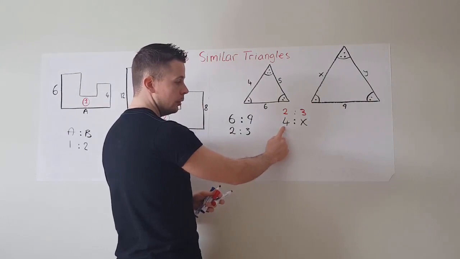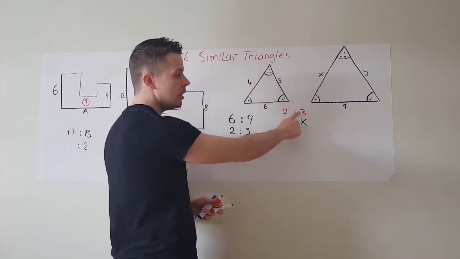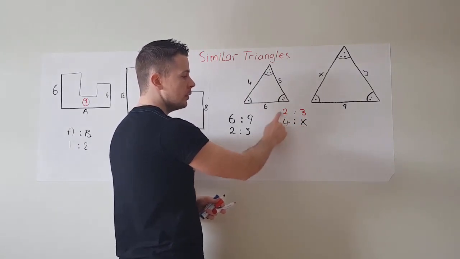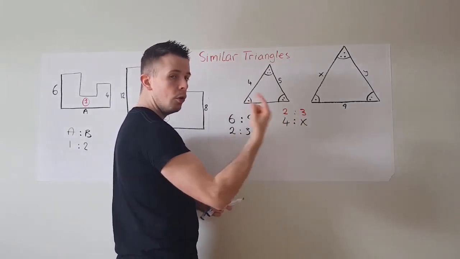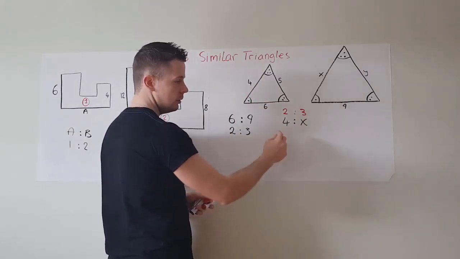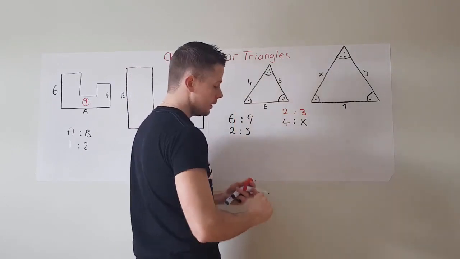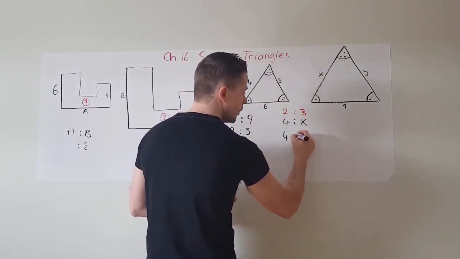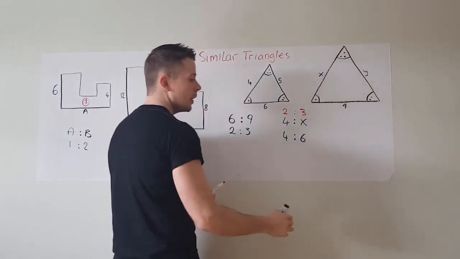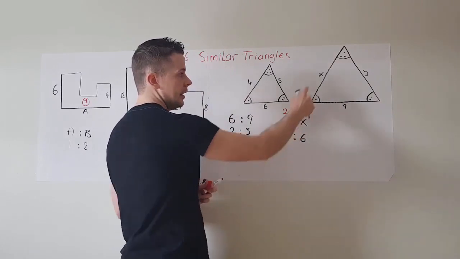So if 4 is equal to my 2 parts, what would be equal to 3 parts? Well, 2 goes into 4 twice, so 1 part is 2 units long. 3 parts, 3 by 2, will be 6 units long. So we're going to end up getting 4 is to 6. So basically I have now worked out that x is equal to 6 units in length.